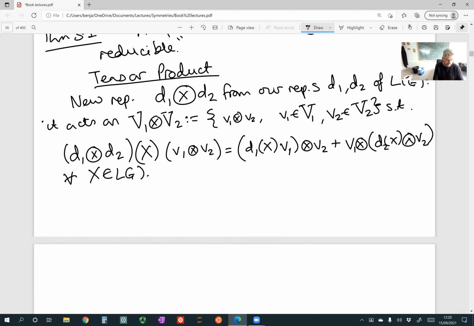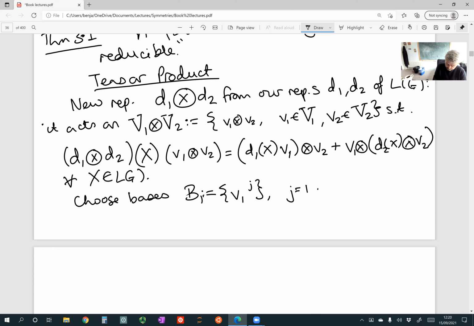So let's choose a basis. Let B1 be defined to be the set of all v_1j, where j is 1 to n1, for the first representation space.